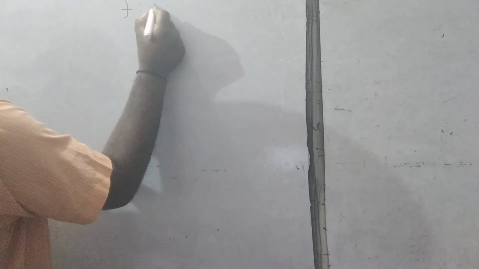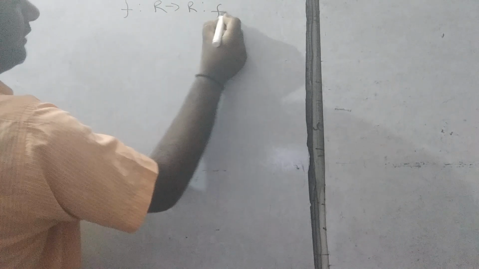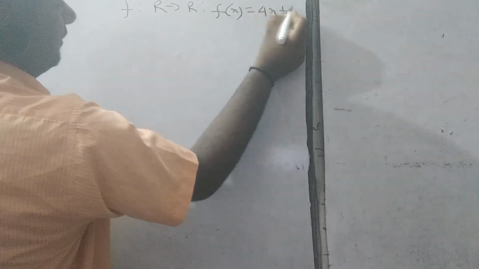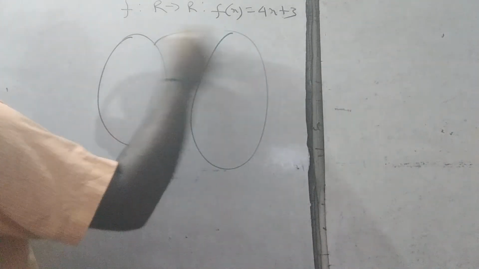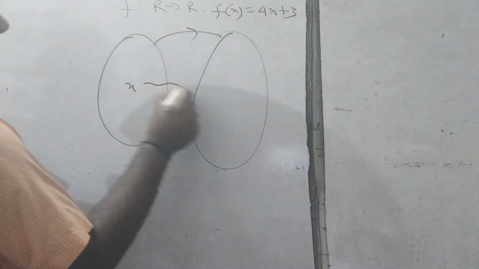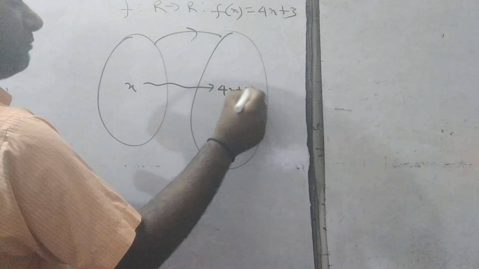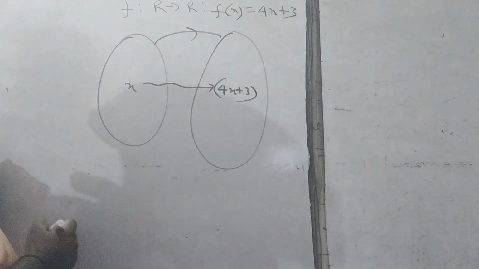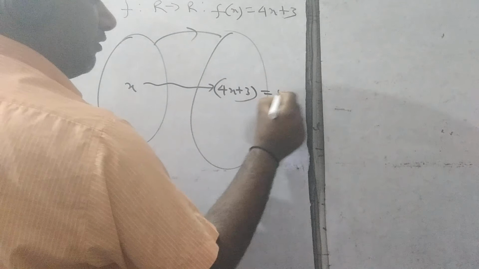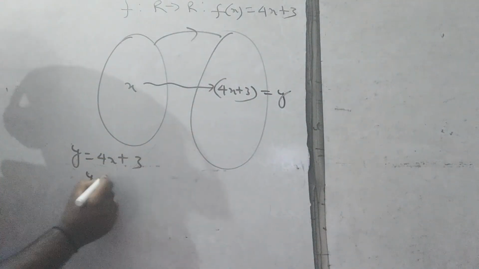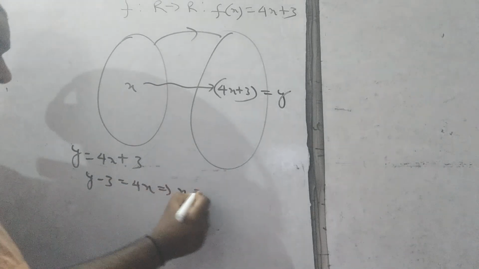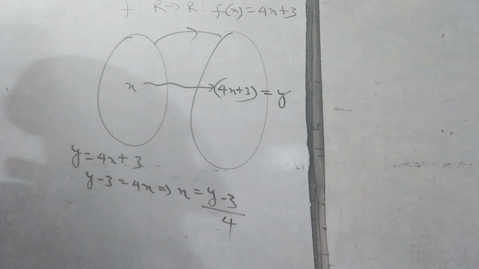One thing also more important: suppose a function is taken from real numbers to real numbers such that f(x) is equal to 4x plus 3. So in this question, what happens? If x is there, then the output is 4x plus 3. Now this is the value of y. So y is equal to 4x plus 3, y minus 3 is equal to 4x, or x is equal to (y minus 3) by 4.